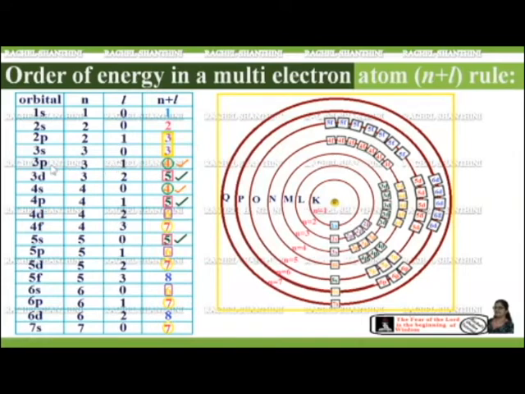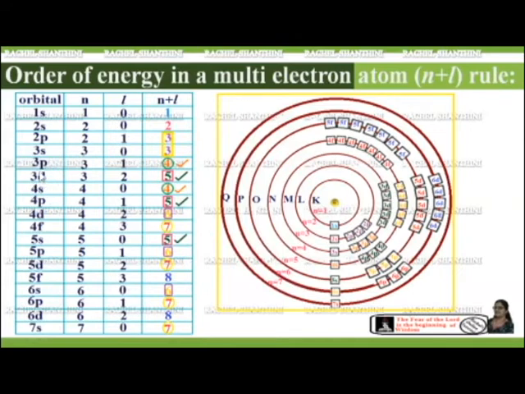Likewise, when we calculate the n plus L value for the 3p orbital and 4s orbital, we have the same value, that is 4. Among these two, the one with the lower n will have the lower energy. So the 3p orbital will have lower energy compared to the 4s orbital.